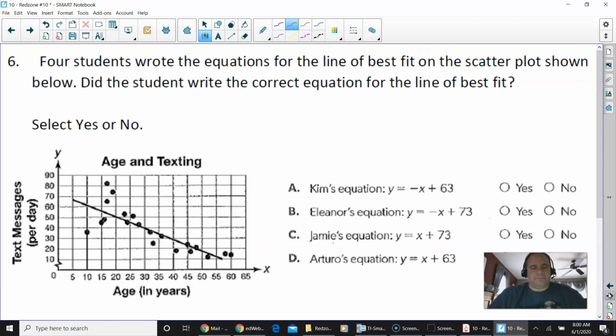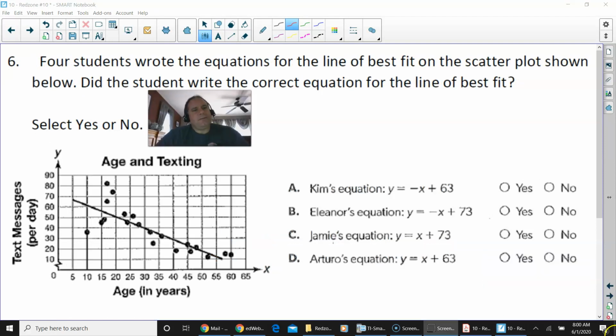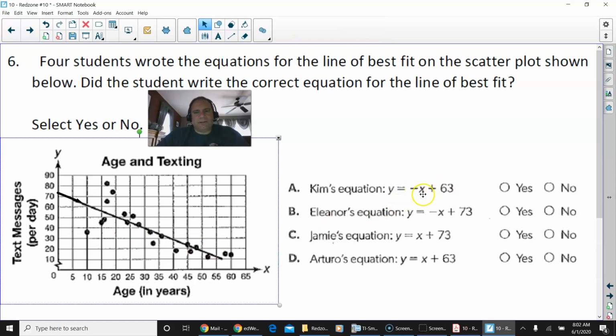All right. Number 6, four students wrote the equations for the line of best fit on the scatter plot shown below. Did the student write the correct equation for the line of best fit? All right, Kim's equation is right over here, and they're talking about this scatter plot right here. So this is going to be pretty easy, because you see how this right here is -1?